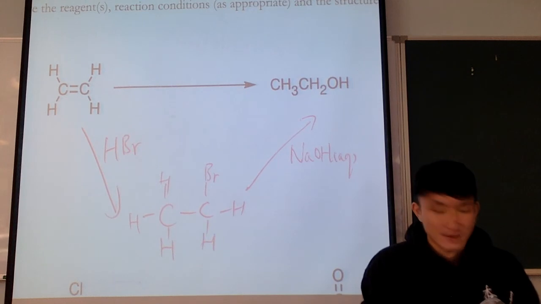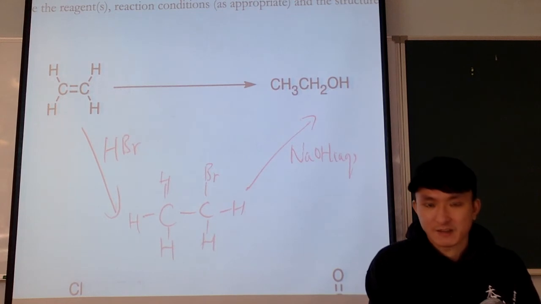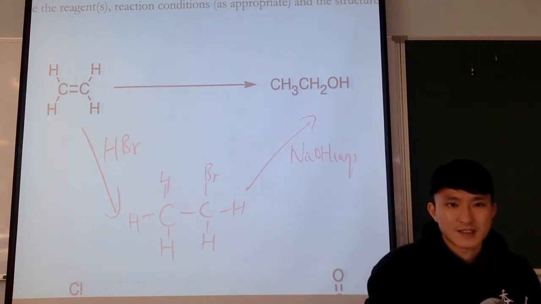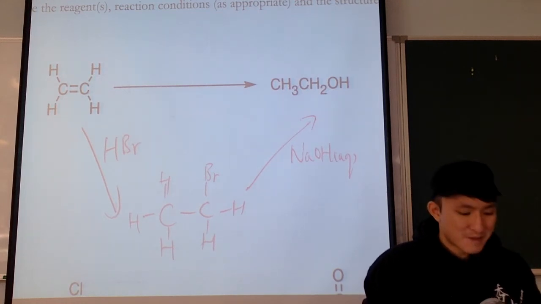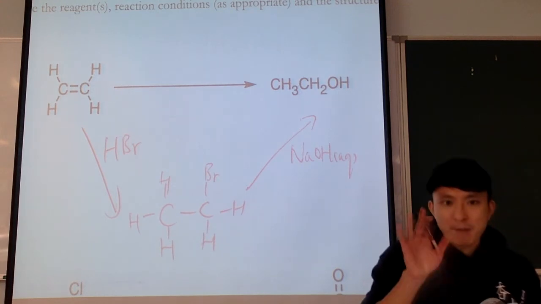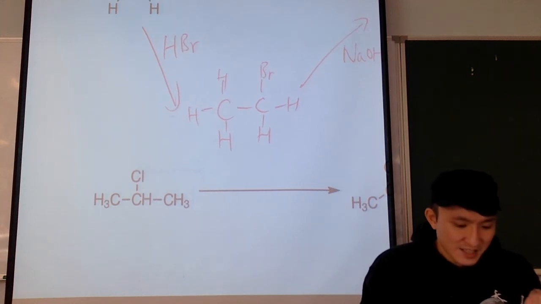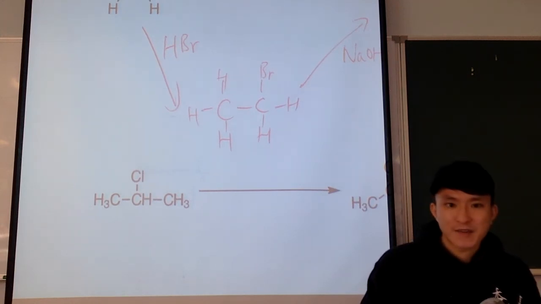Okay, so you see here, I took like 10 seconds and I got 3 marks already. 3 marks. So it's very important for you to be familiar with these types of questions, because you can get a lot of marks in less than a minute. Okay, so now pause the video, spend some time to do B, C, D, E, F. Okay? So let's do it.